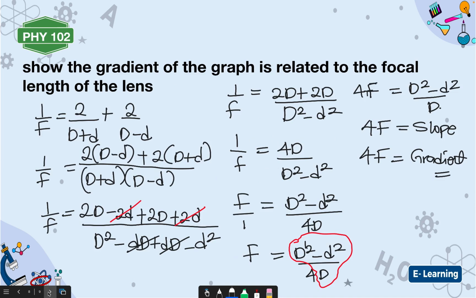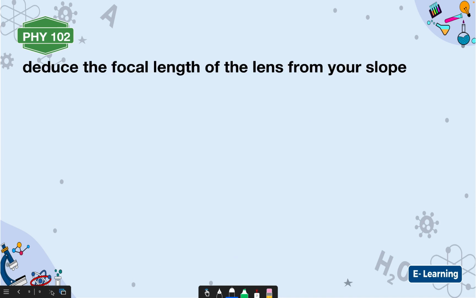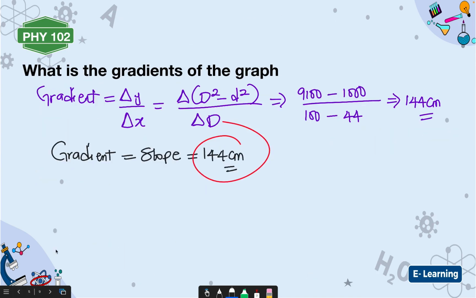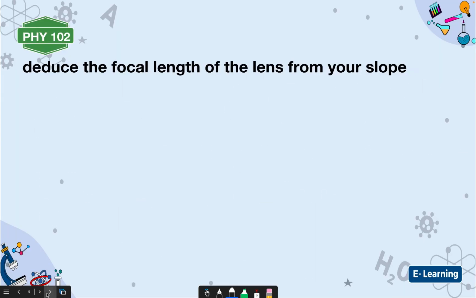Alright? Exactly. Now deduce the focal length from your slope. How do you deduce the focal length from the slope? What was the slope? The slope was calculated as 144 centimeter. So you come here and say 4f is equals to the gradient, which is the slope.